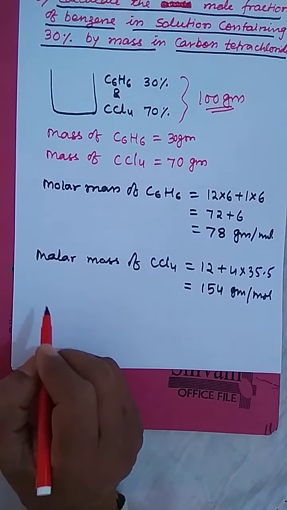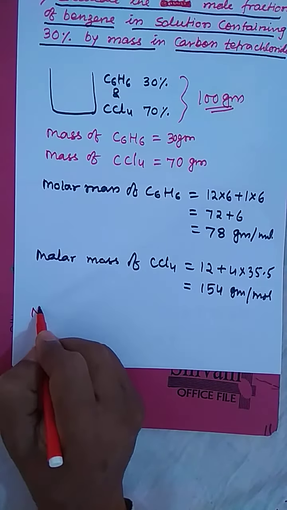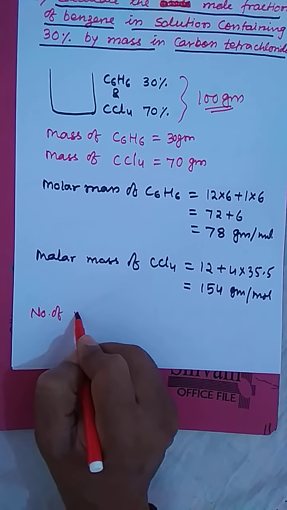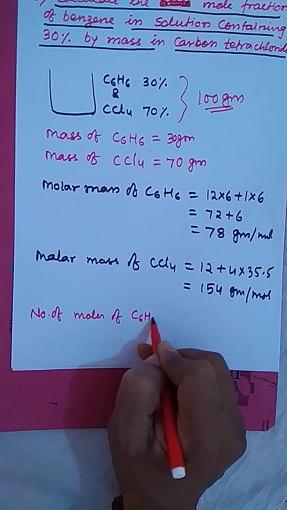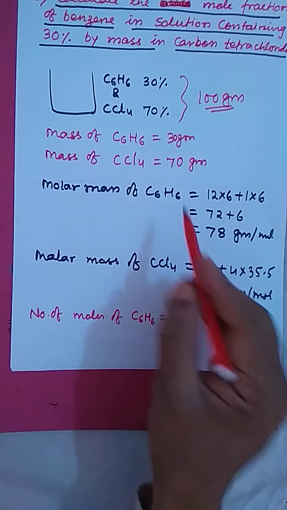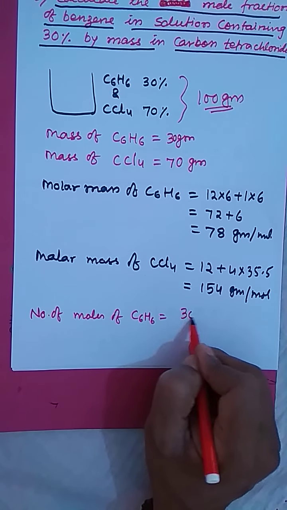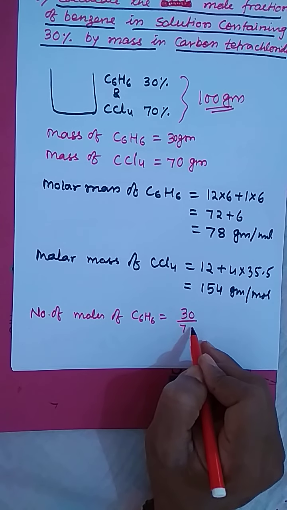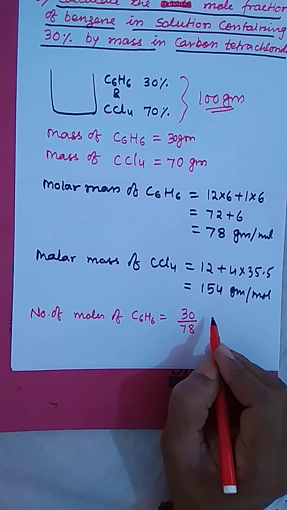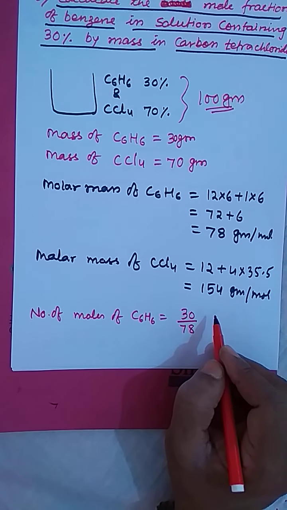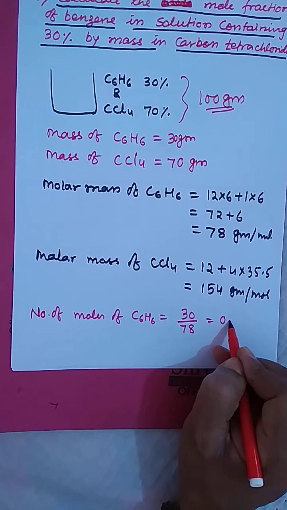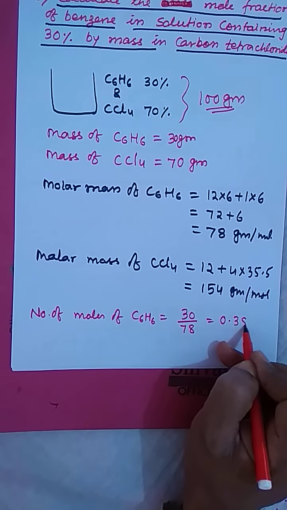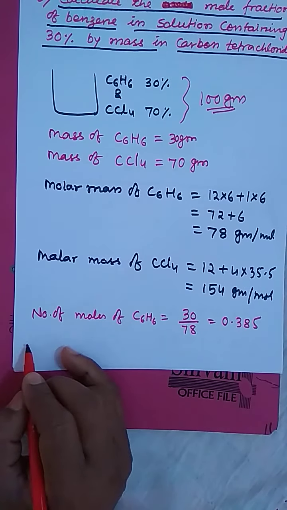Now we calculate the number of moles of C6H6. This is mass 30 gram upon 78 molar mass. So this is equal to 0.385.